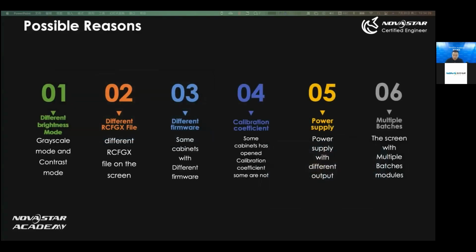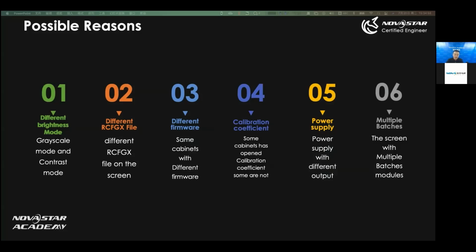Here are 6 possible reasons for different brightness. The first one is the cabinets use different brightness mode. It means some cabinets use the grayscale mode and some cabinets use the contrast mode. And second is that the cabinets use different RCFG files.